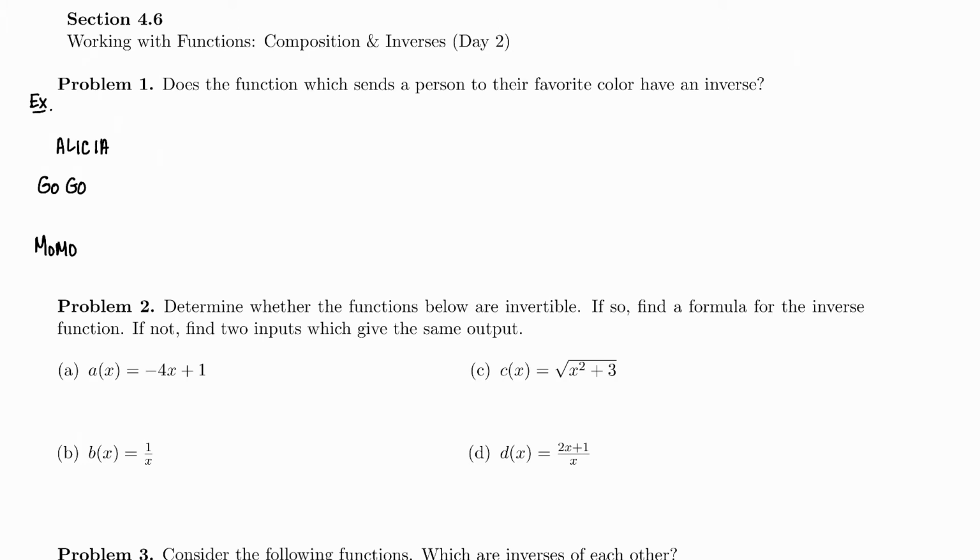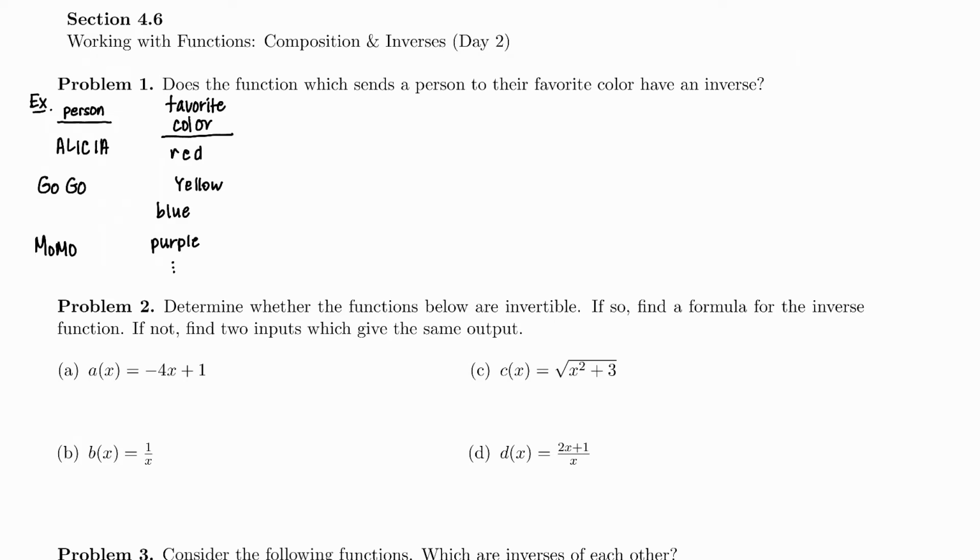So this column will be person, and then over here we'll have color. Favorite color. So what's some colors? Maybe red, yellow, blue, purple, etc.